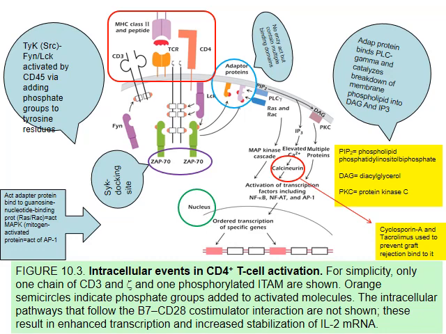Because once these activated adapter proteins bind to proteins like RAS and RAC, as you can see, this will initiate a cascade of events via activation of transcription factors, notably NF-kappa B and NFAT and AP1, and that will then set up the order to the nucleus to start transcription of specific genes.